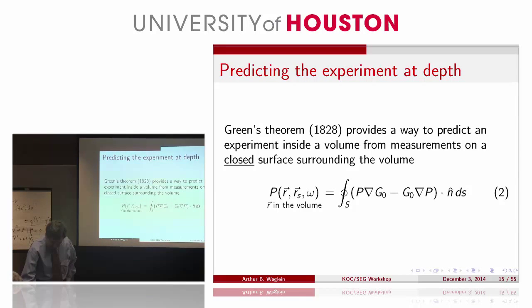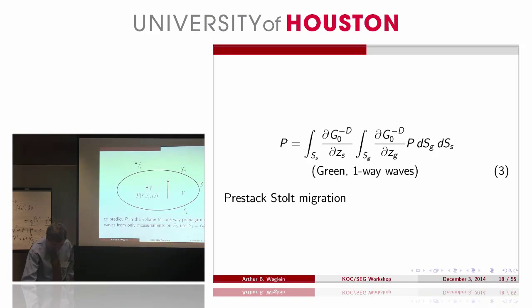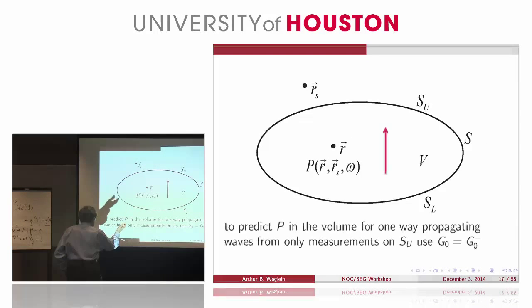So you say, it's one way, so I'll only need the field, not the derivative. You arrange for the Green's function to vanish on top. You call that Dirichlet. In other words, it's anti-causal and it vanishes on top.